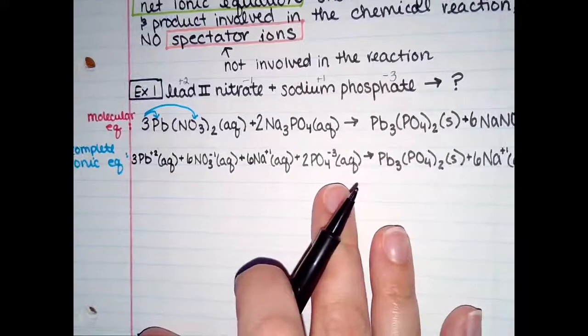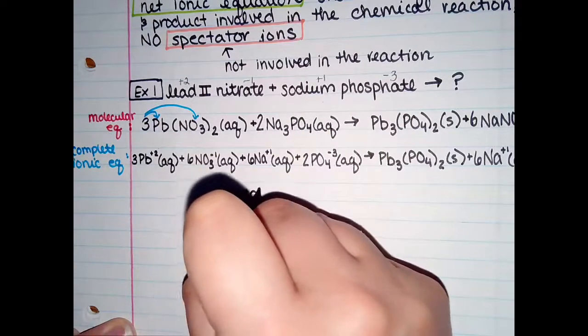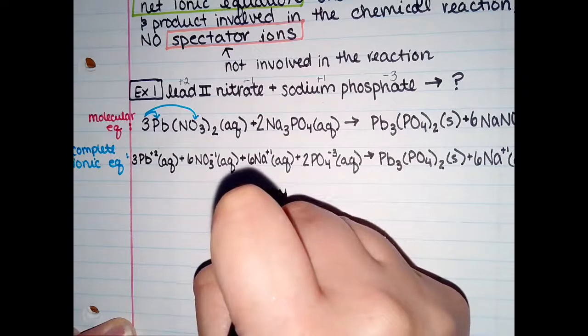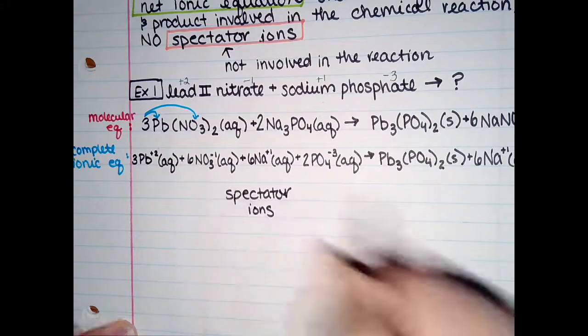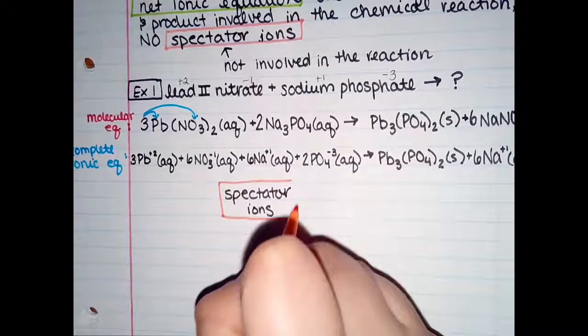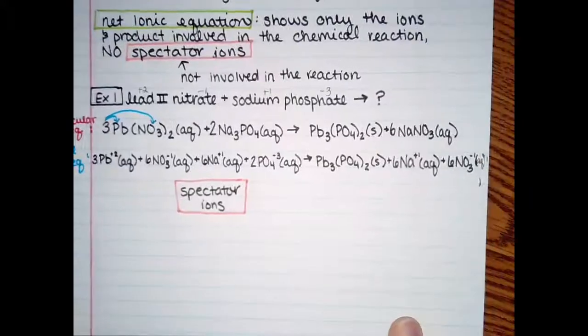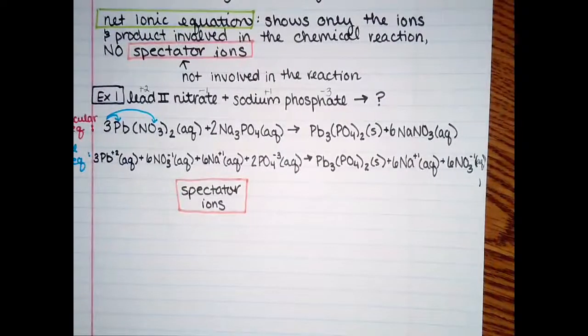Next, let's identify our spectator ions. Spectator ions are when you look to the left and right of the arrow. They're exactly the same.